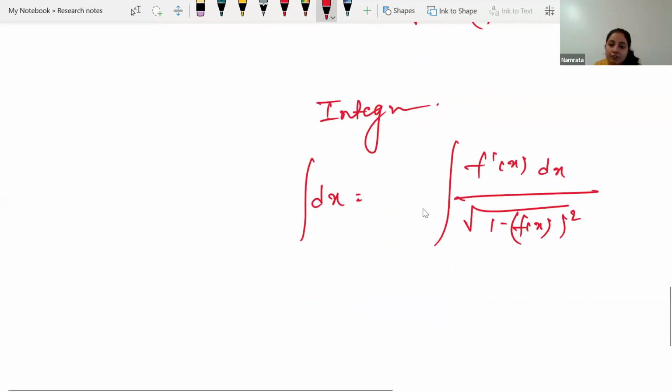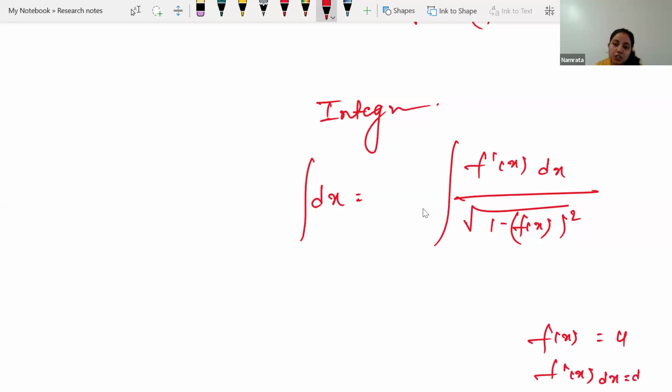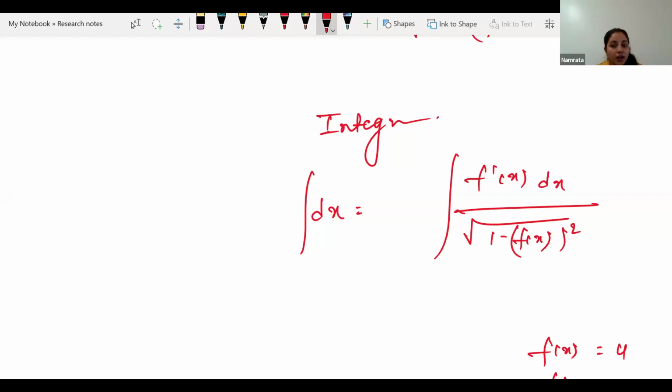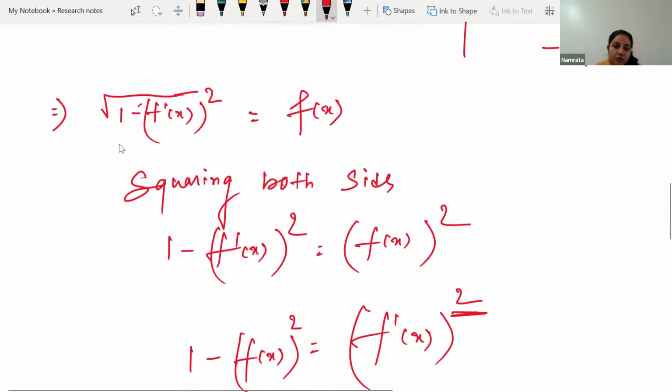If we take f of x as, let's say, u, so f dash x dx is equals to du. Can you see we are easily getting the numerator? For that only we have done this here and there, first squaring and then transferring this square root sign, so that we will be able to do the integration when we go ahead. For that only we have done all this arrangement over here.